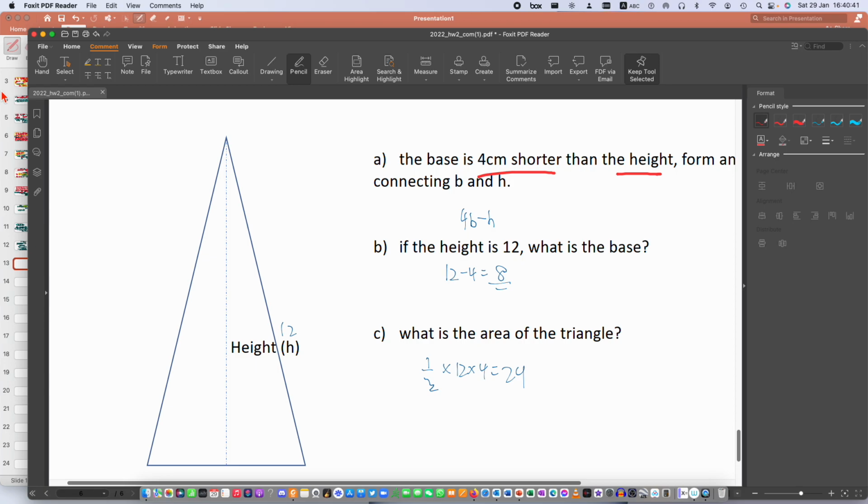Then you make sure that you draw such that the height is longer than the base. Label the base, label the height. Which one is the height? Here. Okay, good.